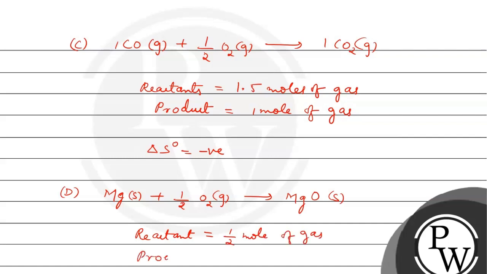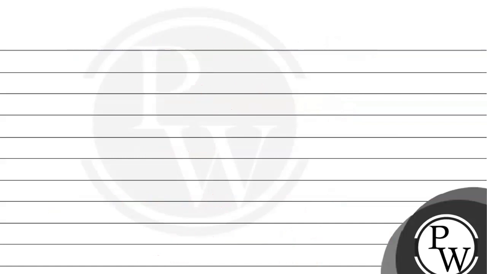On the product side there are no gaseous molecules, therefore 0 moles of gas. So it decreases from half to 0. Half is more, 0 is less. So here also delta S naught is a negative value. So C and D will not be correct options. So we are left with 2, that is option A and option B.